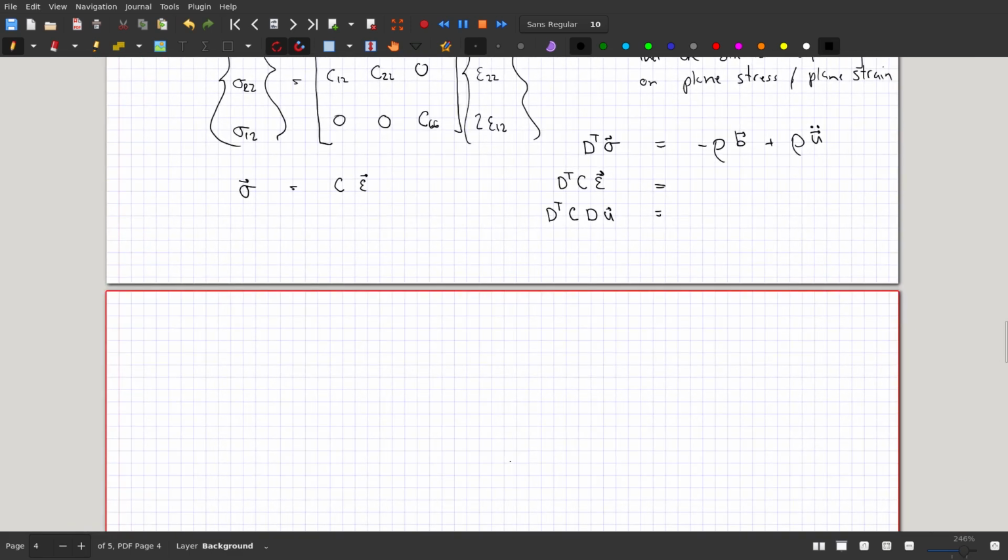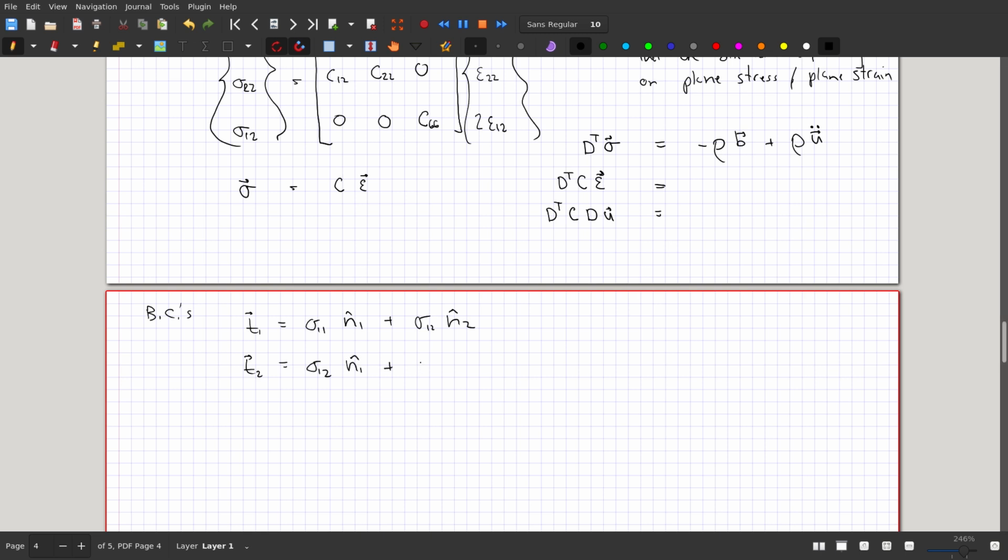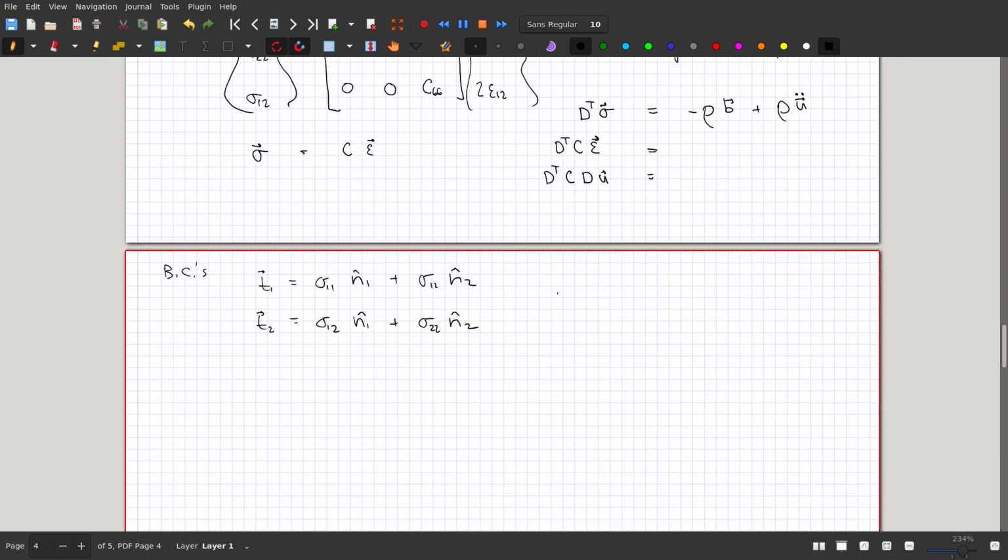So we also have the boundary conditions. T1 equal to... or in vector notation, it's just the Cauchy stress equation, but using our new definition of stress, right?